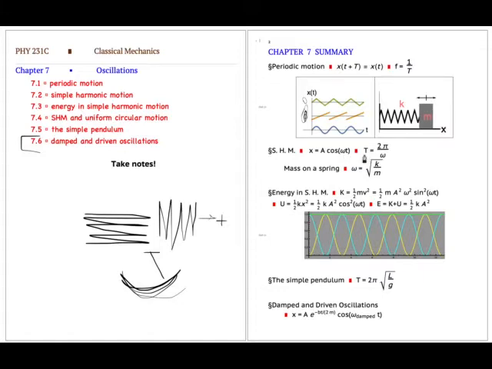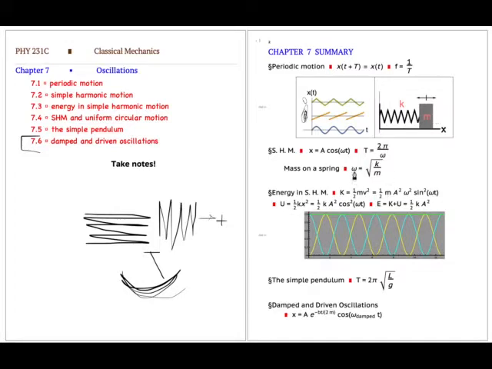The period of oscillation is 2 pi divided by omega. And the standard example of simple harmonic motion is a mass on a spring. You have a mass that slides back and forth attached to a spring. The other end of the spring is attached to an immovable wall, and the mass will oscillate back and forth because of the spring force.